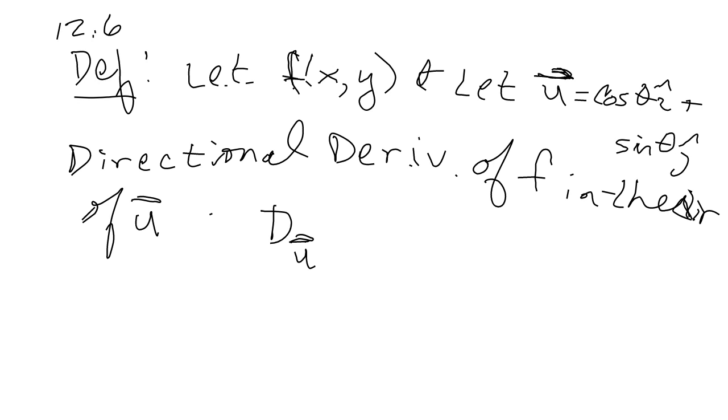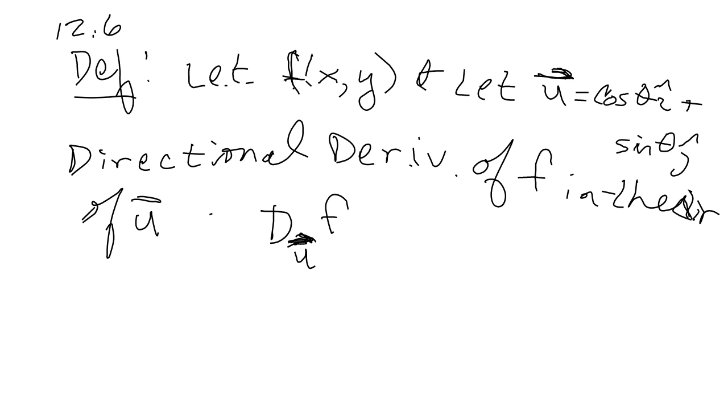So like we had D sub x, the partial derivative in the direction of the x-axis, now we're going to have the derivative of f in the direction of u vector. So we're going to have this.